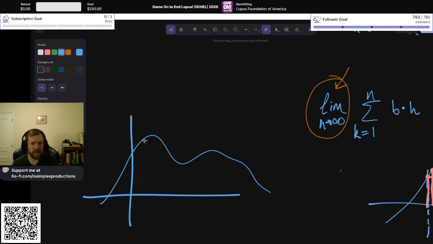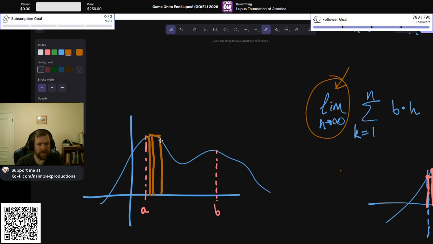We want to know what the area under the curve is from A to B. And it's possible that we could take each of these values and vary the size of each of these rectangles.